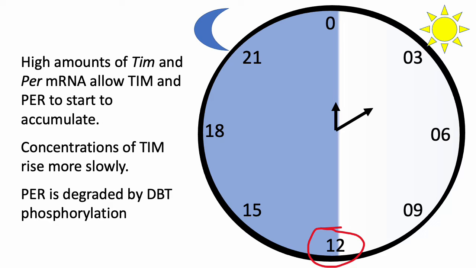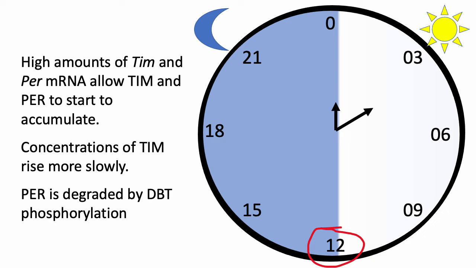And so right here at the transition, right at dusk from day to night, we see on the molecular clock that we have high levels of timeless and period mRNA, which allows for TIM and PER, the proteins, to start to accumulate in the cytoplasm.